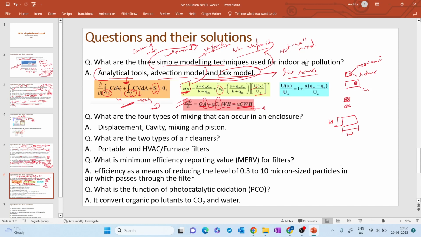Okay, so these are the three different modeling techniques that we can use to understand.